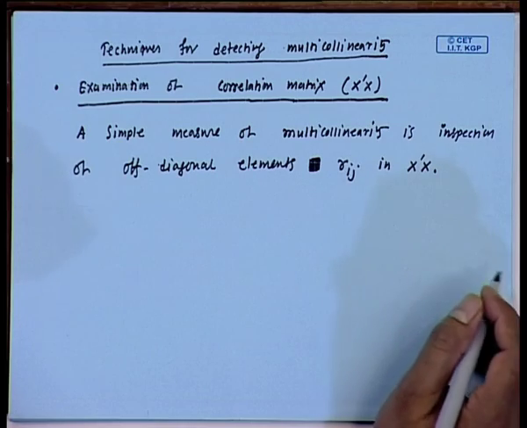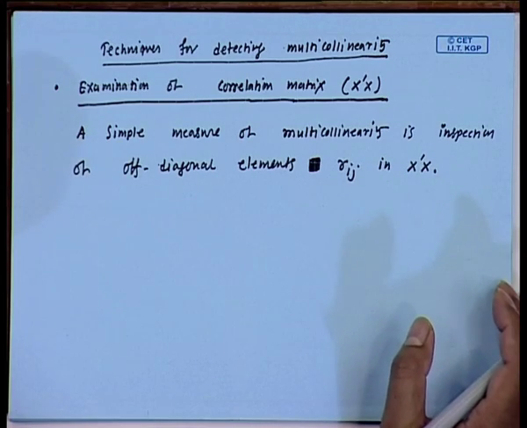Okay, so we know what the correlation matrix is given the original data. If you scale and center them, then the X prime X for the modified data is called the correlation matrix.